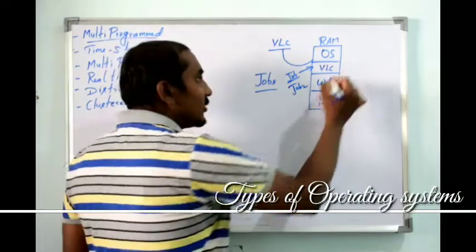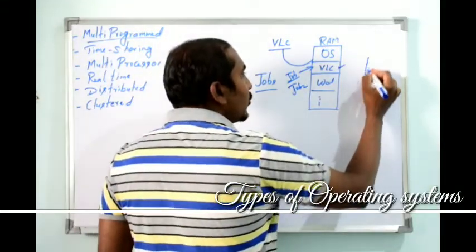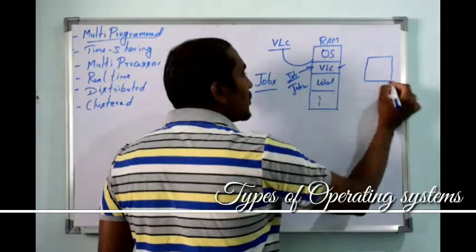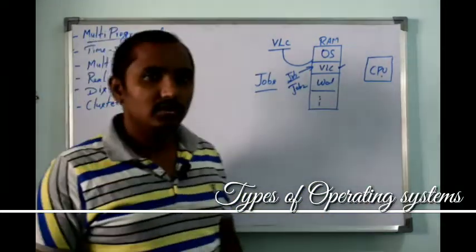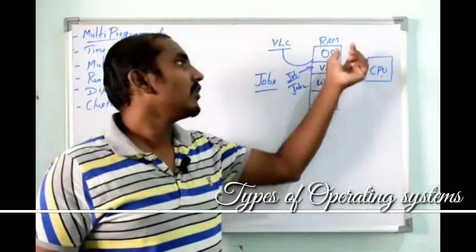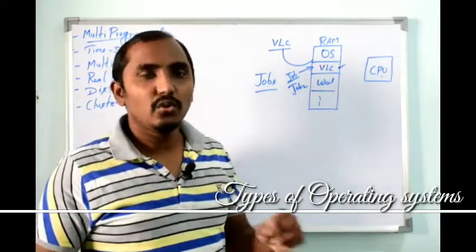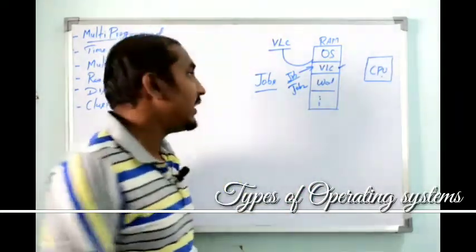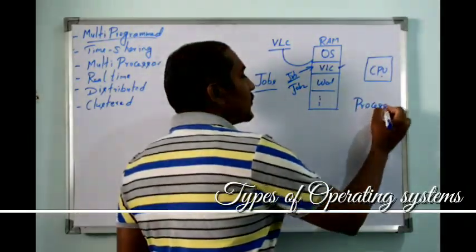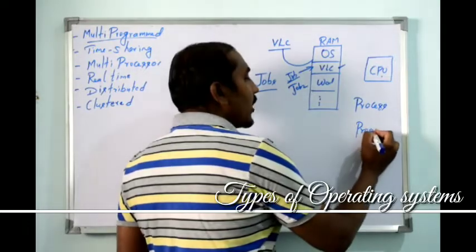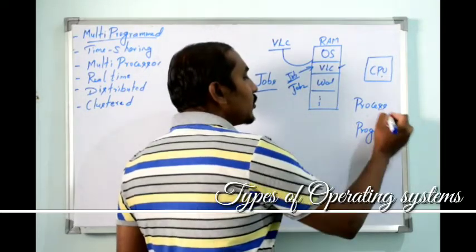Now, if a job wants to be executed, it will be executed by your CPU. The CPU is the device, your processor, which executes each and every program that you load onto the RAM. When it is being executed, it is called a process.